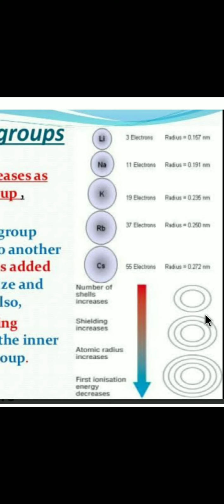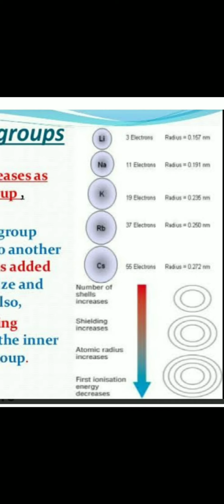Here there are only 2 shells. Next there are 3 shells. Then there are one, two, three, four shells, and as we go downward to the seventh element, we can see that the seventh shell is also present in group 1.